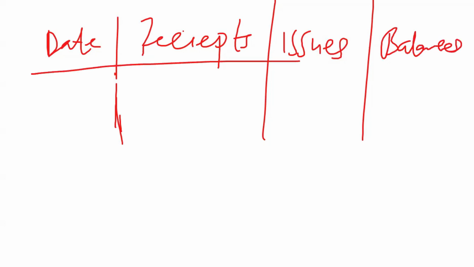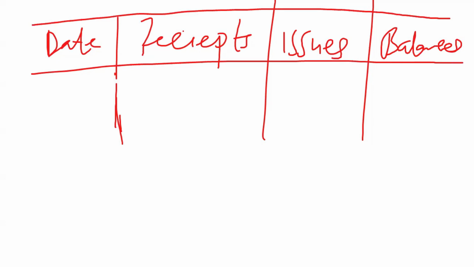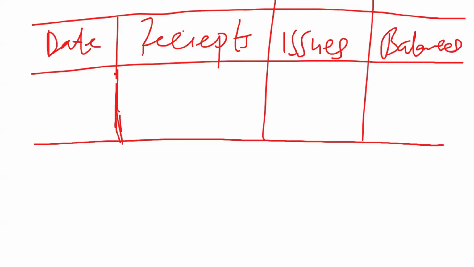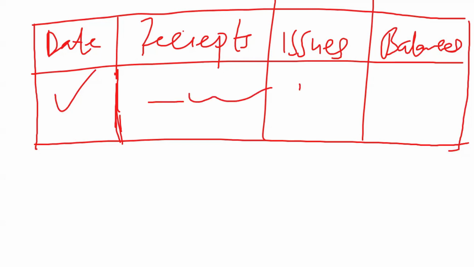But the balances are supposed to be for only quantity. We are not going to have anything to do with monetary values. So that's how the table will look. Here we'll have the date, then the stock we've received, the stock we've issued, and then the balances we have at hand.